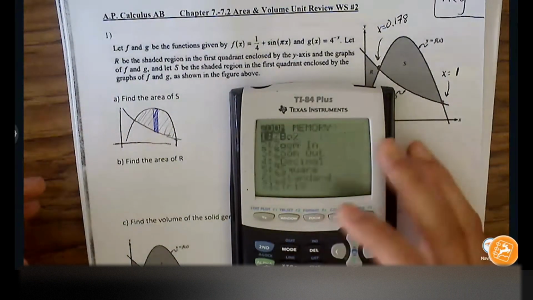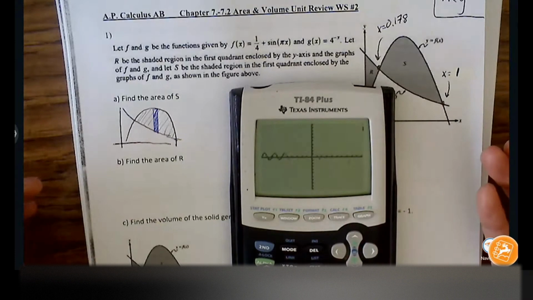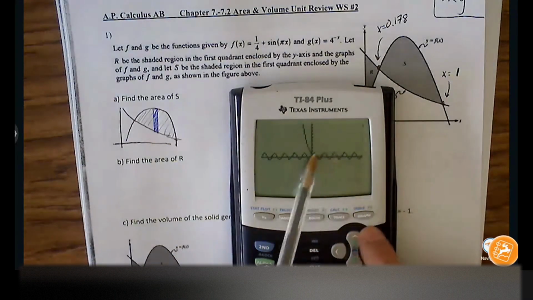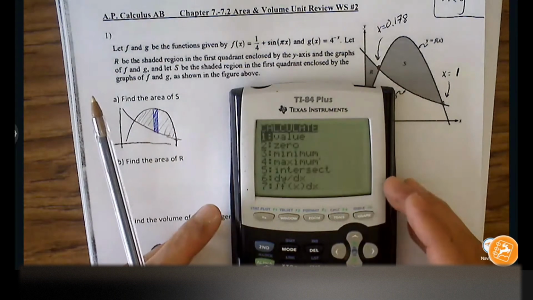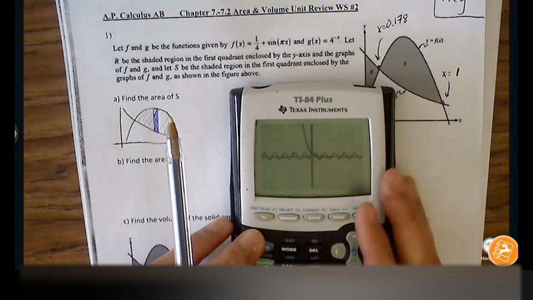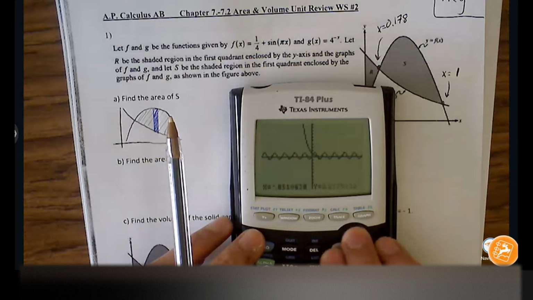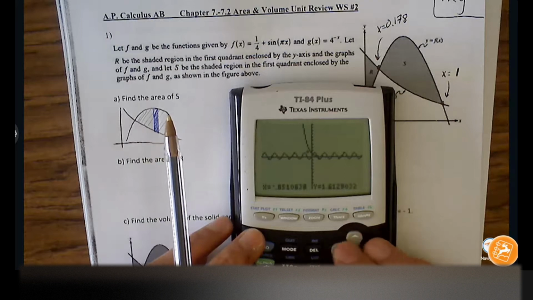If I do zoom 6, yeah, it looks like it's all within this mess here. So I can trace, sorry, zoom box. So I'm just gonna put a box around this small region here.